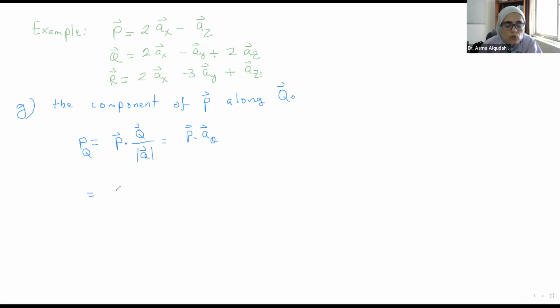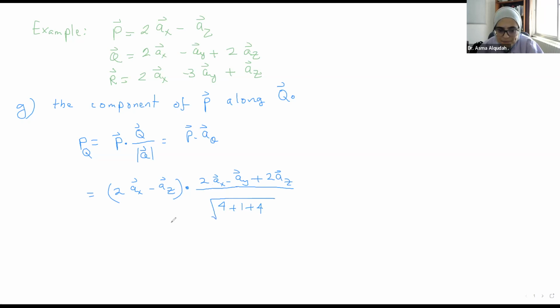Now P is equal to 2A sub X minus A sub Z. We perform the dot product with Q, which is 2A sub X minus A sub Y plus 2A sub Z. Then we divide by the magnitude of Q, which is the square root of 4 plus 1 plus 4, which is the square root of 9.